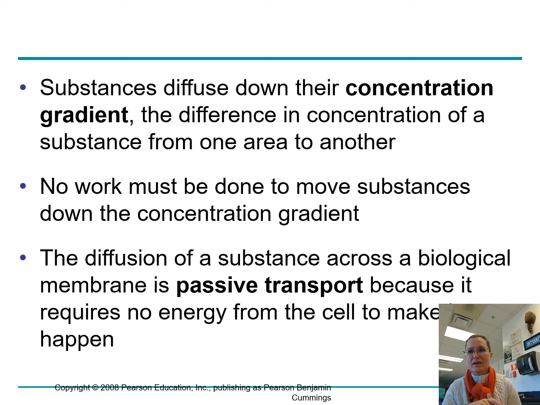That just means that there's a difference. The bigger the difference, the faster stuff happens. But once it levels out, that's called equilibrium. Diffusion is called passive transport. There is no energy involved, it just happens.